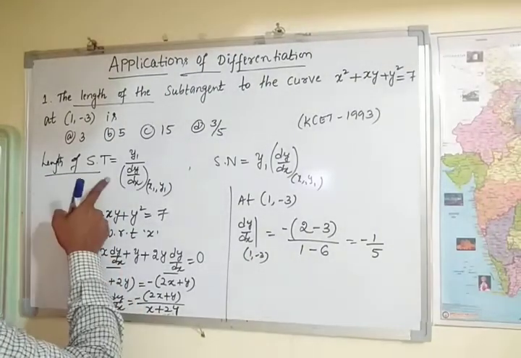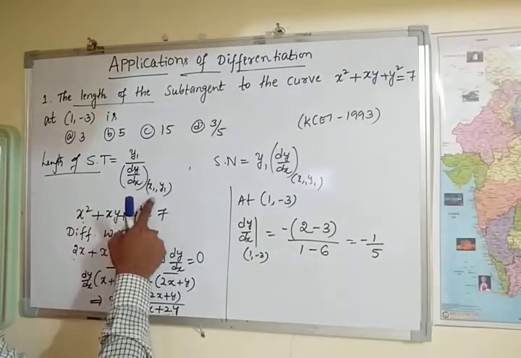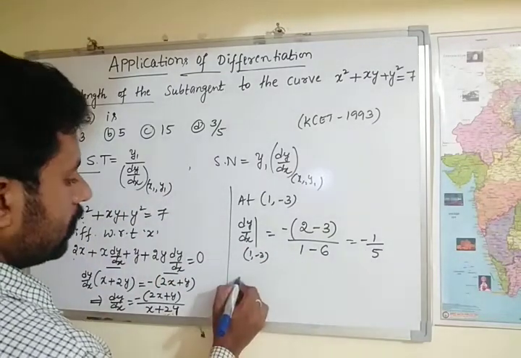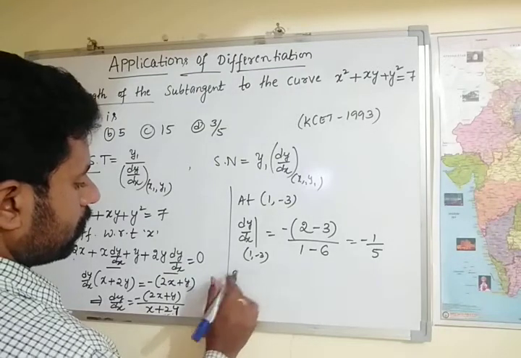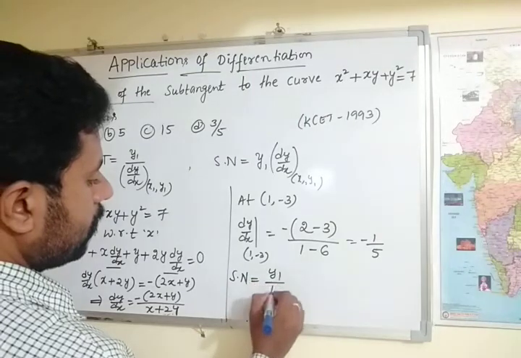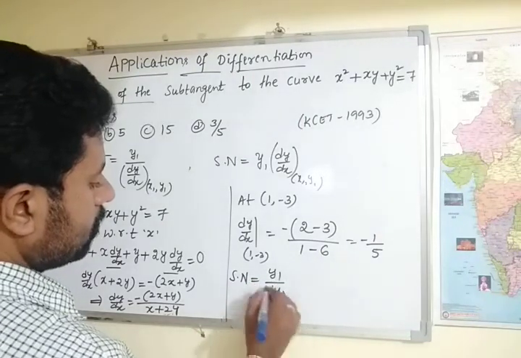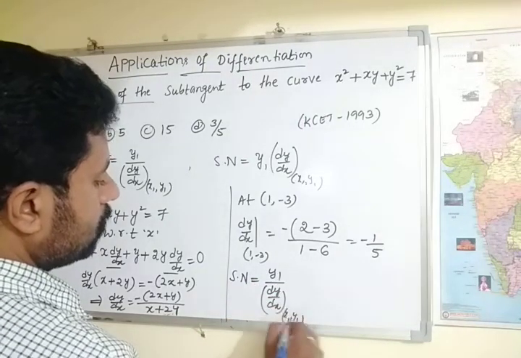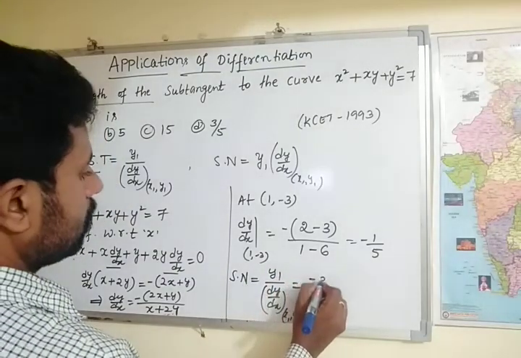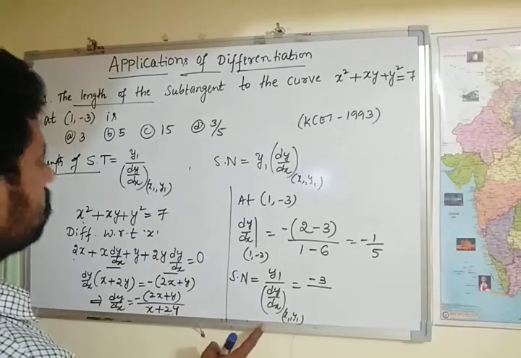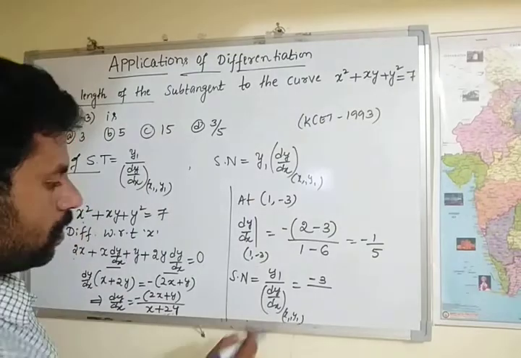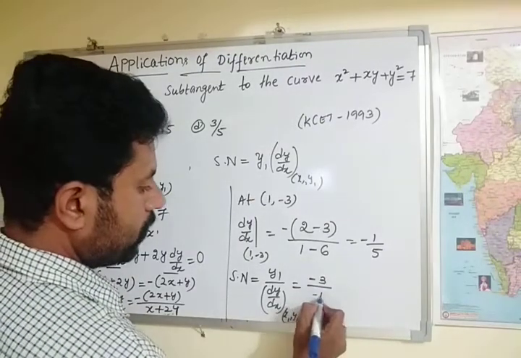But now we have to find the length of the subtangent. The length of the subtangent formula is y1 divided by dy by dx at the point (x1, y1). We have dy by dx at (x1, y1) as minus 1 by 5. So the subtangent is equal to y1 divided by dy by dx. Here y1 is minus 3, divided by dy by dx which is minus 1 by 5.